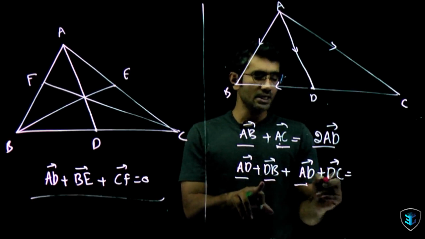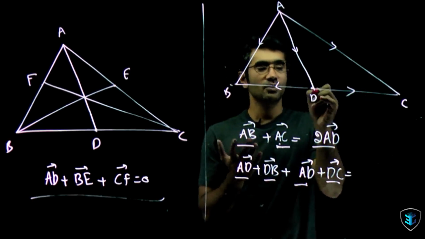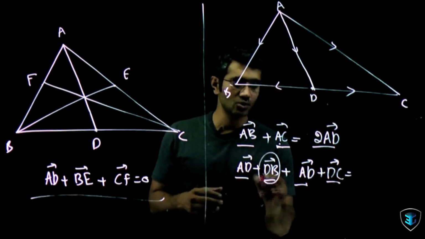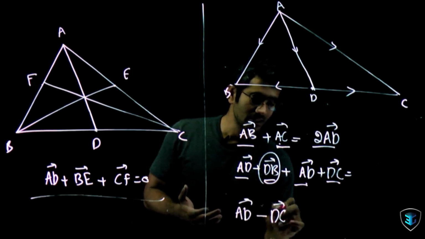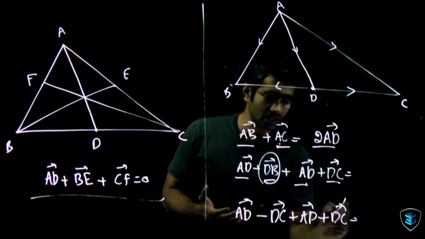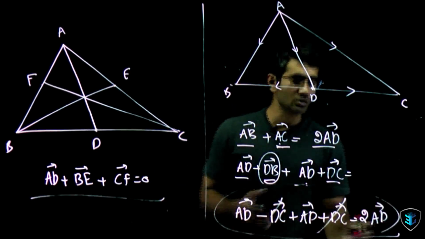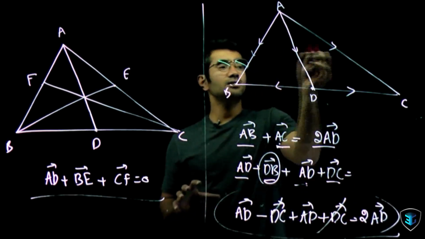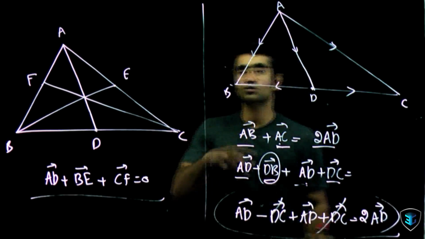But what about DB and DC? DB and DC are actually equal and opposite because D is the midpoint. So I can write DB to be minus DC. I can write AD minus vector DC plus AD plus vector DC. And I can cancel these two to give you 2 times AD. Okay, that is one of the proofs which I'll be using right now. If I add these two, what I am getting is 2 times AD. Keep that in mind. Beautiful, guys.